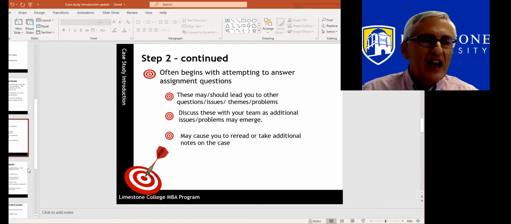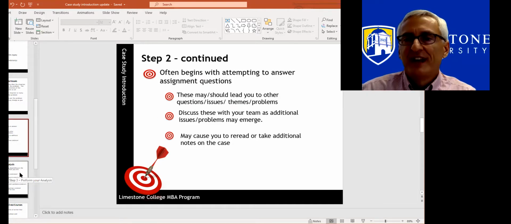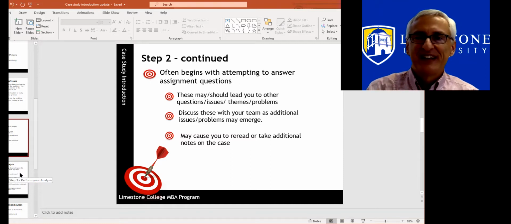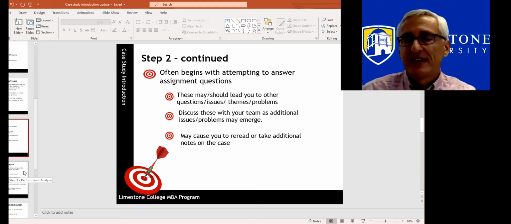Obviously that's a little bit tougher on an individual case, but while there are some disadvantages to team case studies, that is one of the advantages of team case studies.